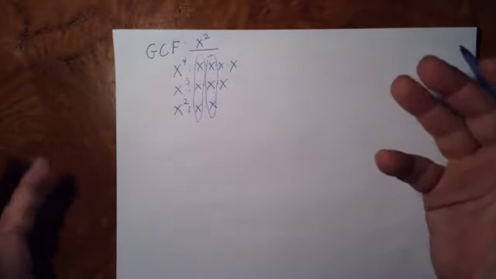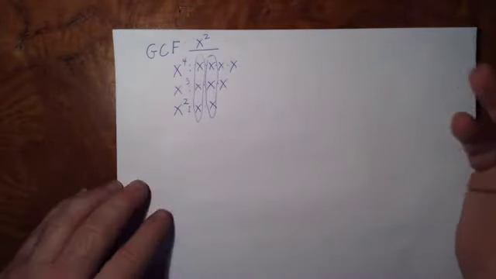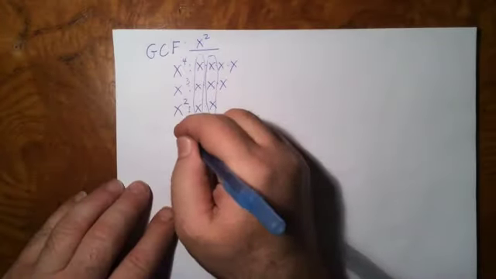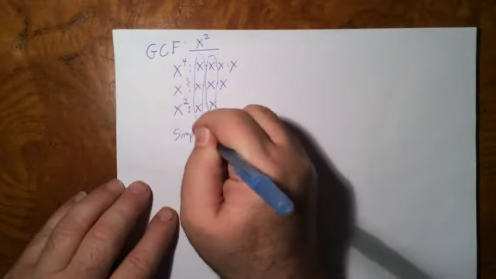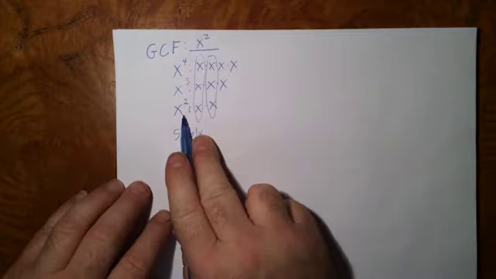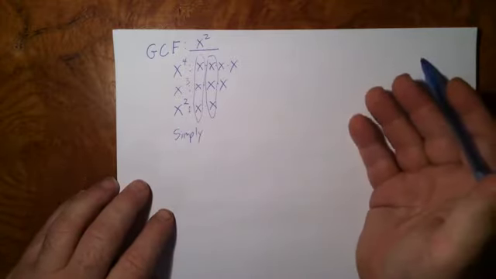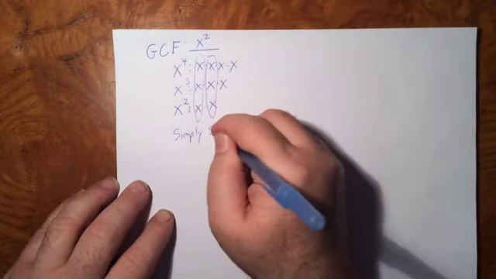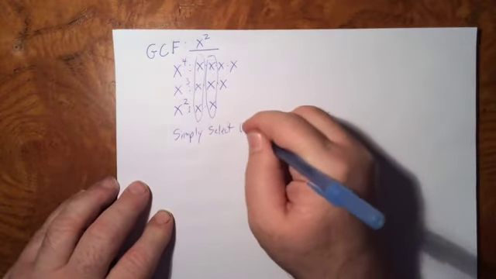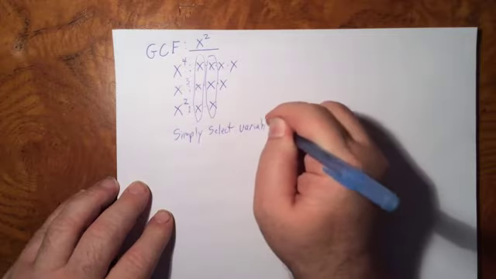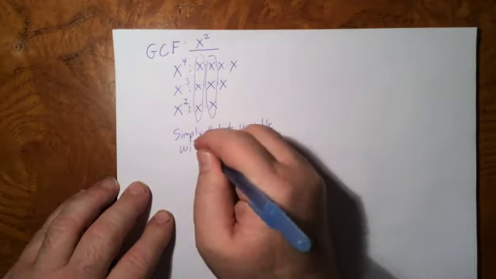A simpler rule, more basic than even this, is to simply select the variable, or the term, that has the lowest exponent. So simply select the variable with the lowest exponent.